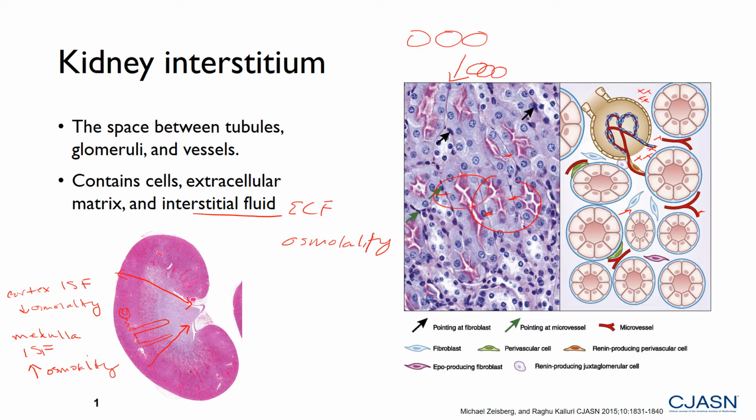So it is the least concentrated in osmolality near the cortex, and it gets more concentrated as you proceed toward the medulla. And this is important because our loops of Henle plunge into the medulla, and that means that the area surrounding this loop of Henle, as it plunges deeper into the medulla, is going to be bathed in a more richly concentrated interstitial fluid osmolality.